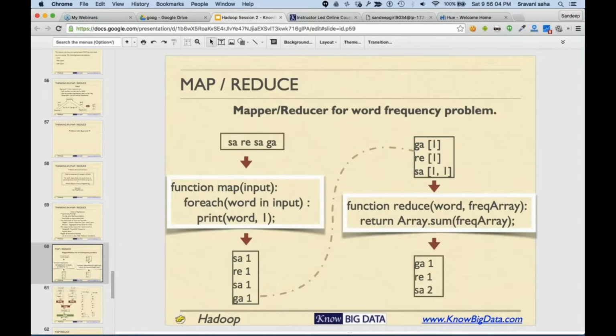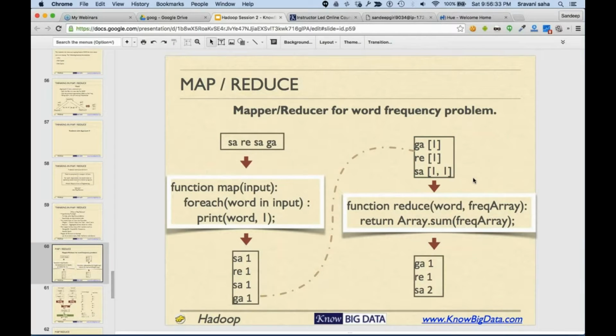This means Hadoop is doing the sorting and the unique minus c, basically bringing all the values for a single key together. You see here, for ga it's 1, for re it's 1, for sa it's 1 comma 1. So Hadoop has brought all the values for each key together.